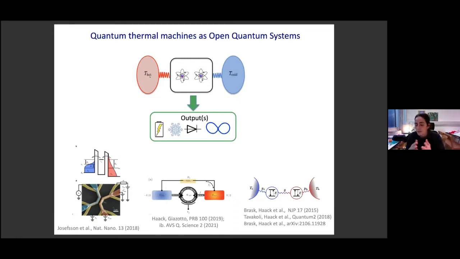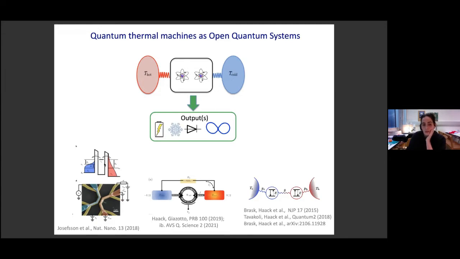The simplest setup is a 2-terminal device with 2 reservoirs which can be biased in temperature or in voltage. You want to exploit these resources to perform some task. There are classical tasks we are very familiar with: producing work, cooling another system, rectifying heat current or charge current, or producing quantum correlations. It's a very active field of research.